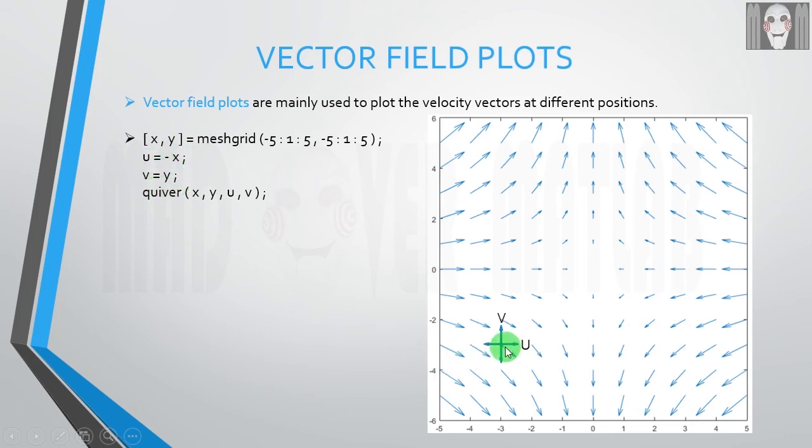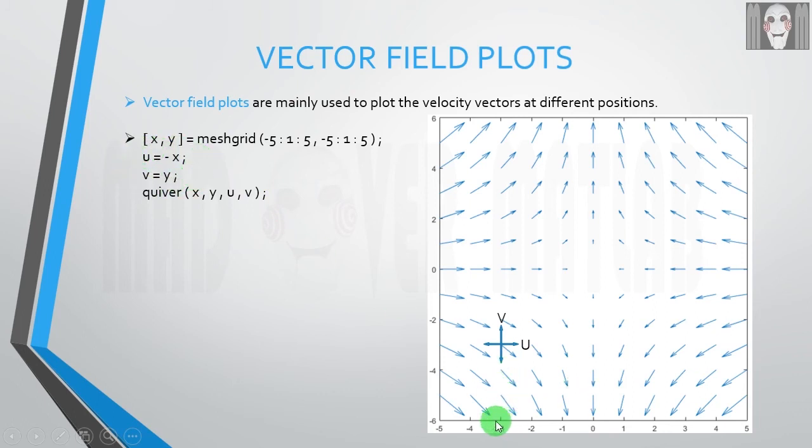So in order to get the u and v components at any point, you need to substitute the coordinates of the position where they lie. Now in this case, this vector lies at -3, -3. So if you want to get the u and v components, you just need to put these coordinates where you have written these two statements.